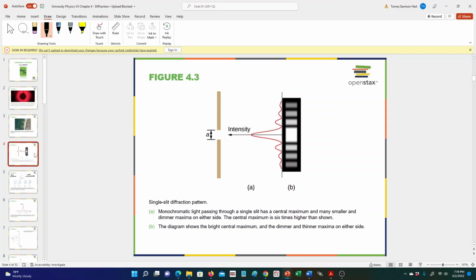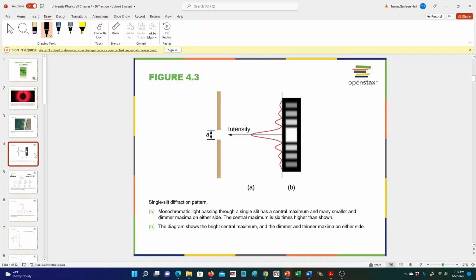And when you send plane waves at such an arrangement, assuming that the slit is not much bigger than the wavelength in question, such that they would just pass through.